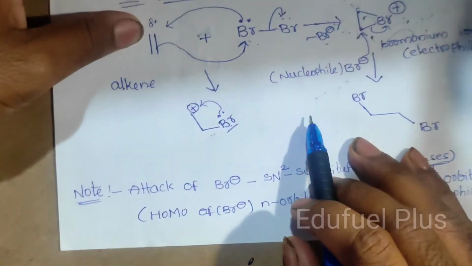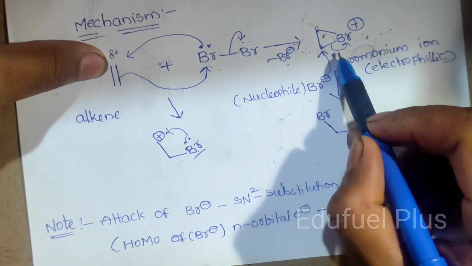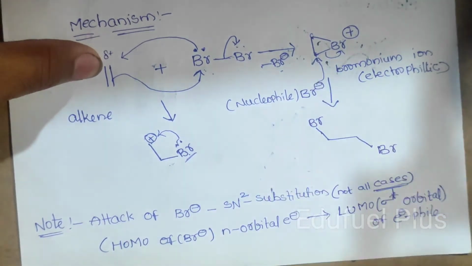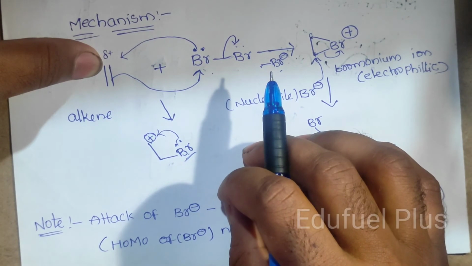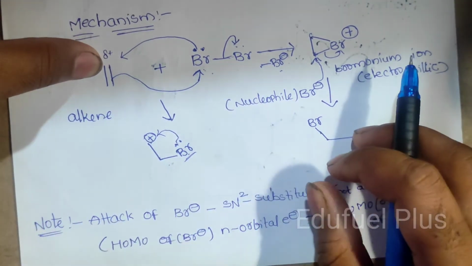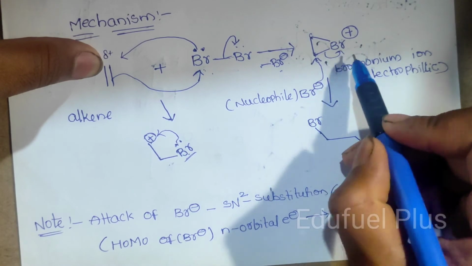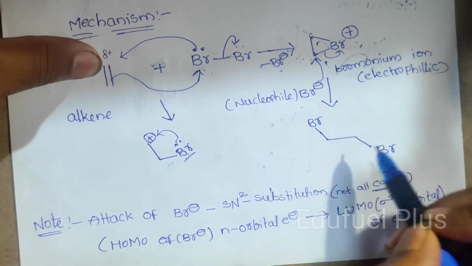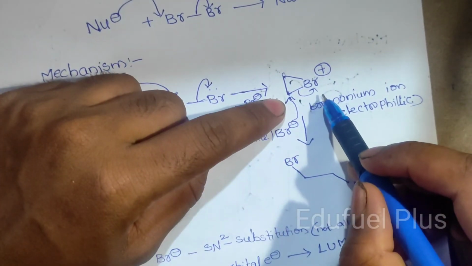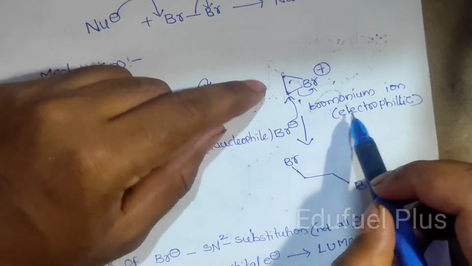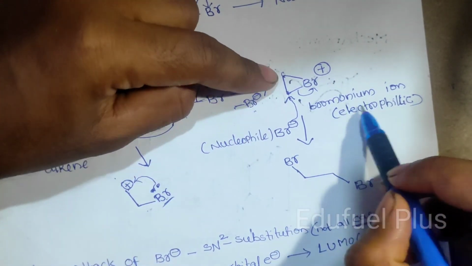So we have a cyclic intermediate state. This reaction is a concerted mechanism, so there is nothing like two steps. It has only a transition state and finally yields the product. Now we have a transition state like this, which we call a bromonium ion.